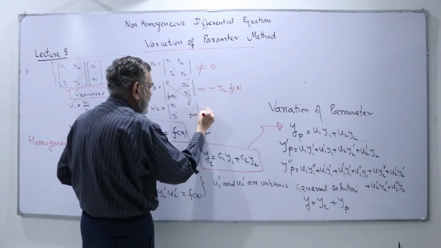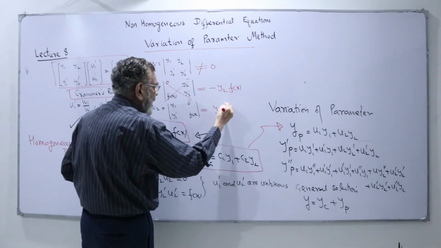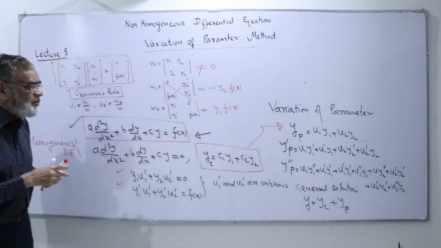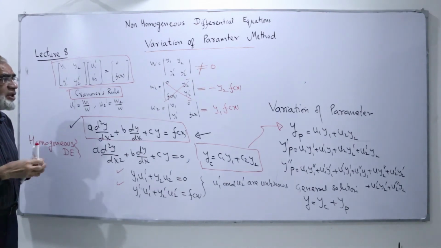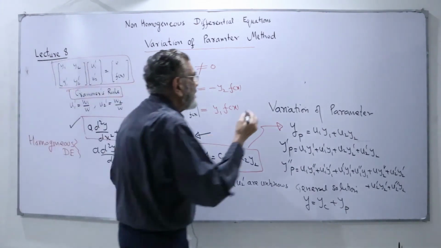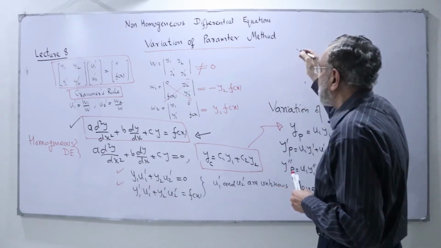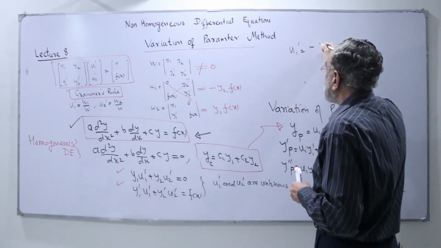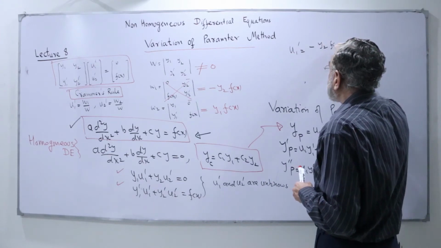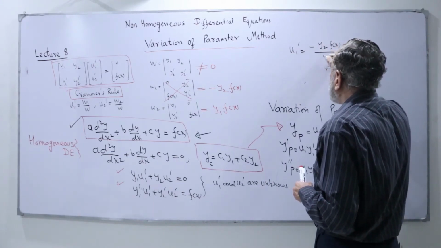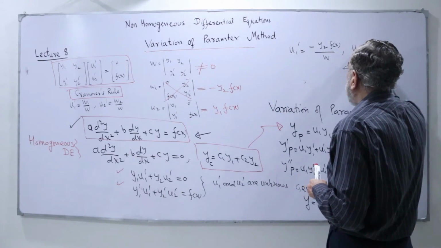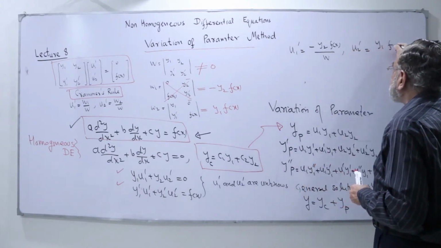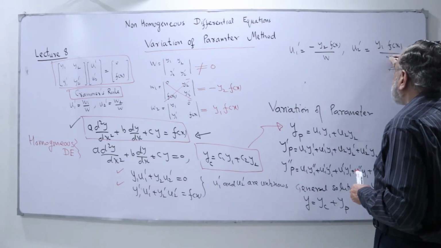And here we have y1 f of x, and y1 dash times 0 is equal to 0. So I can have a new set of formulas: my u1 dash is minus y2 f of x over W, and my u2 dash is equal to y1 f of x over W.